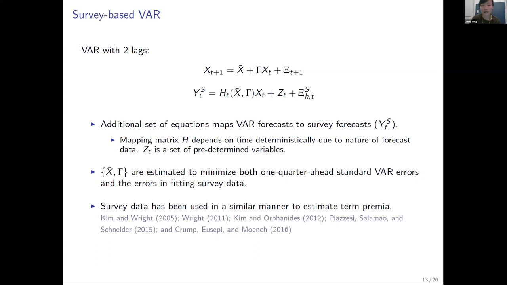And we're estimating the VAR coefficients to minimize the squared errors in both the one-quarter-ahead VAR equations and the errors in fitting survey data. So the survey data itself is not entering into the VAR, but it's a criterion for estimating the coefficients. And this method has been used in a similar manner to estimate term premia.